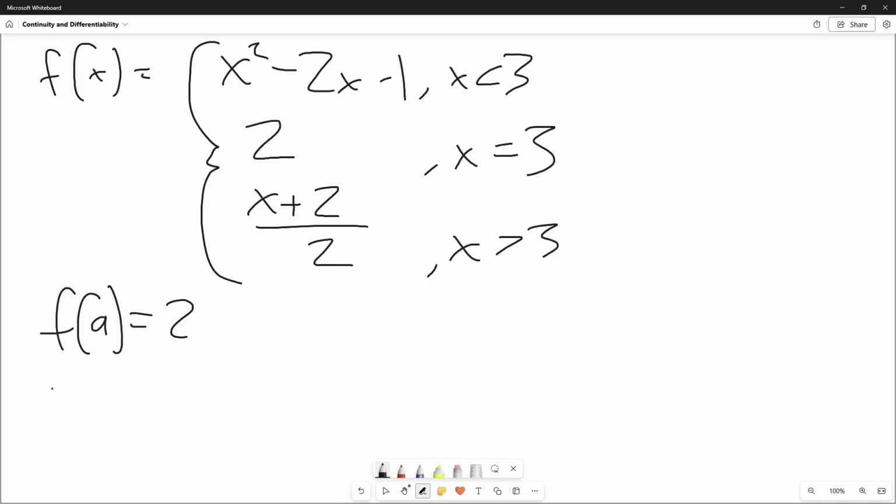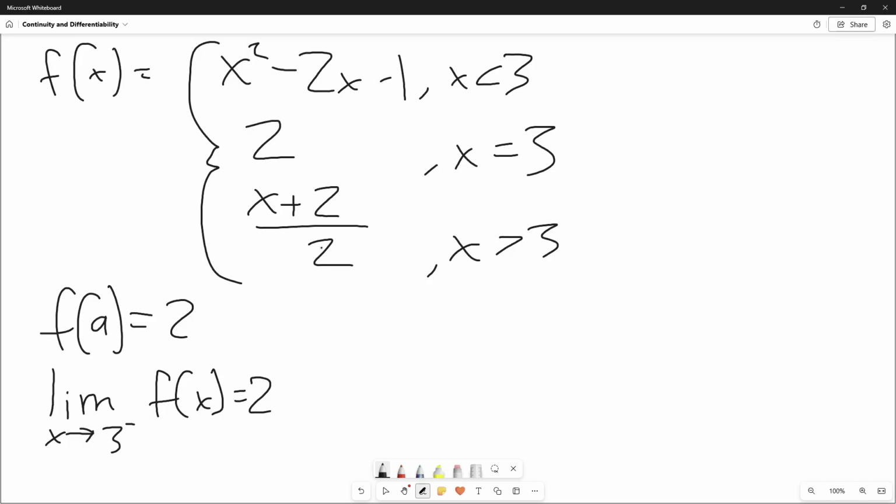And also, the limit as x approaches 3 from the negative or the left side of f of x needs to equal 2 as well. So from the left side, we're going to be using this function because before x equals 3, when x is less than 3, it uses this function. So that's just from the left side.